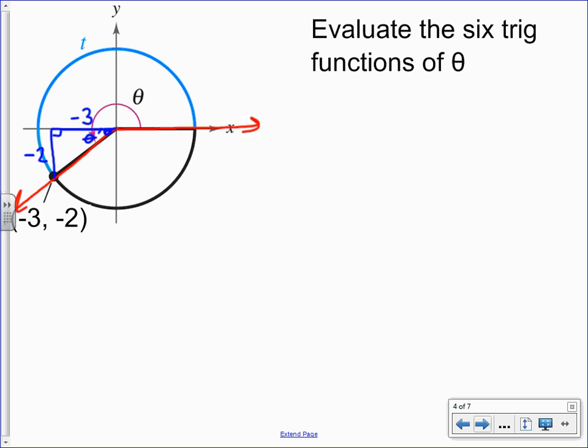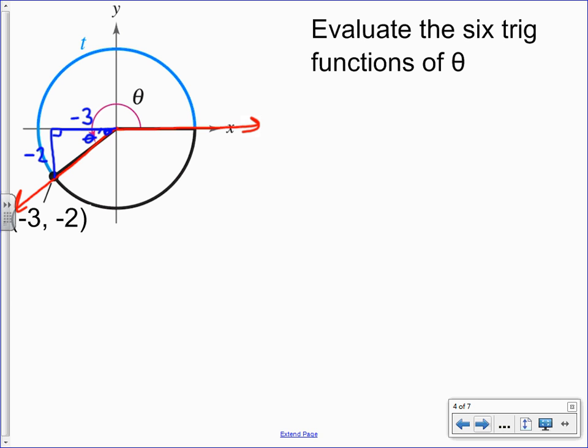Okay. Some of you may be uncomfortable labeling the side of a triangle as -3 and -2. You can label these as 3 and 2 and then worry about your negatives when you're evaluating your trig functions. Or if you're worried about forgetting the negative signs, you can label the triangles with negative lengths. How many of you want to label our triangles with negative lengths? Is that helpful?